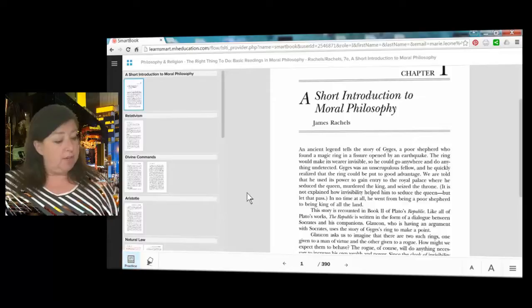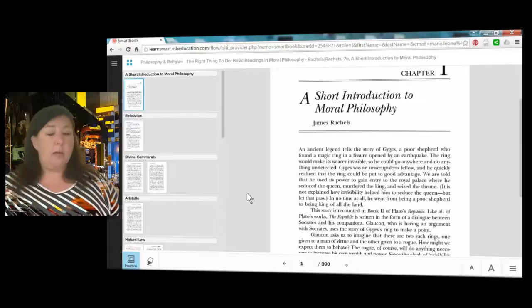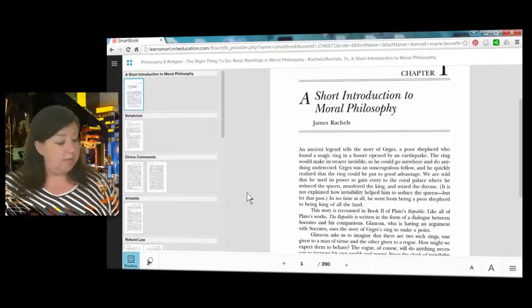Okay. After that discussion, Chapter 1 goes into some of the historically significant ways of thinking about moral philosophy.